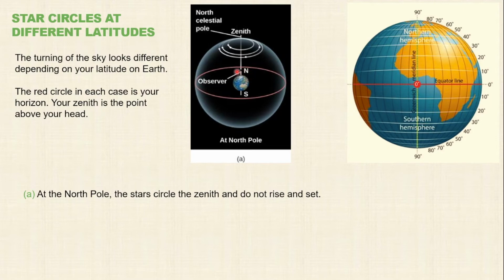So I'm standing here, and this red one is again my horizon. This is my zenith line here, and also that's the north celestial pole. When I'm standing at the North Pole and I look at the sky, the stars there don't rise and set.